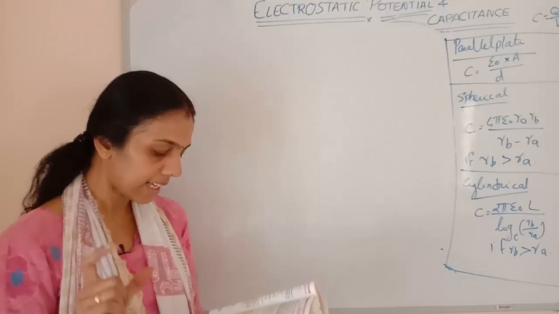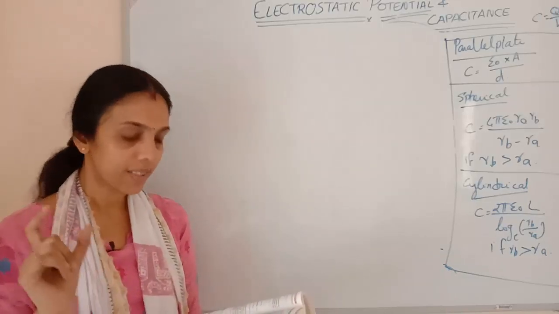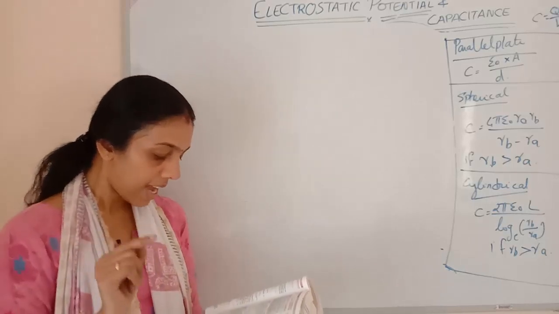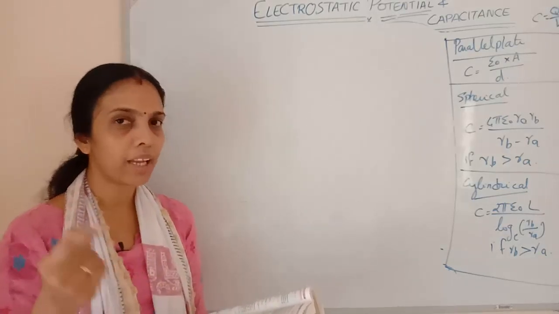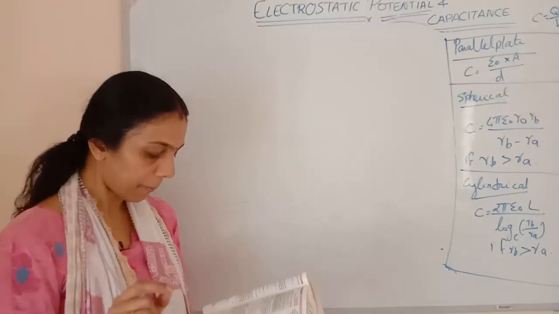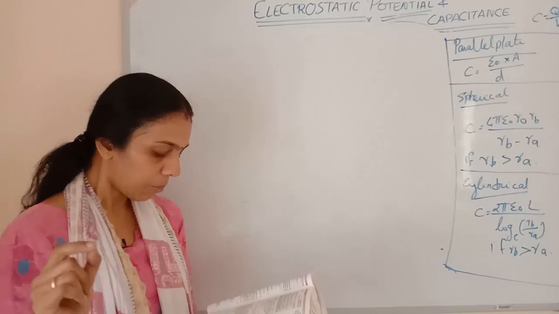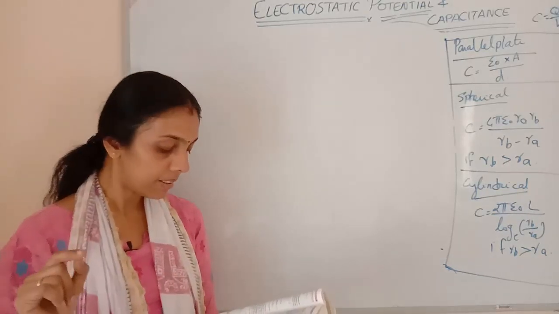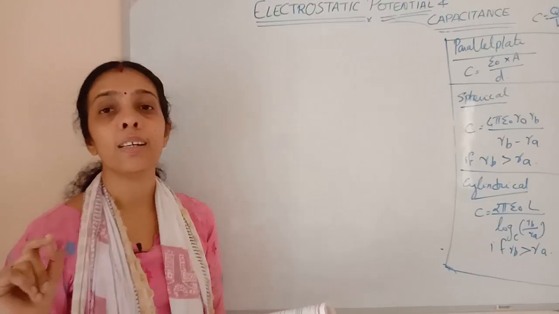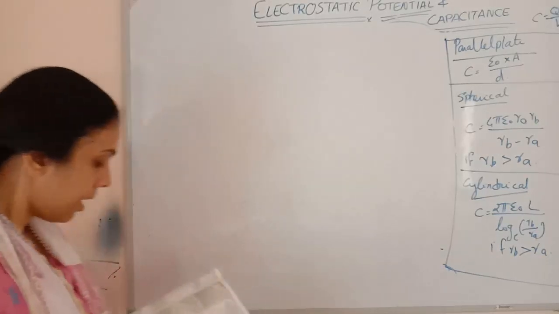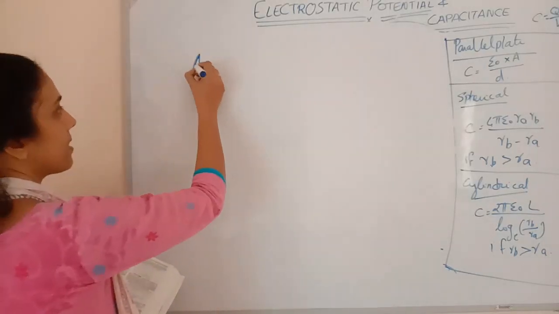If they have same charge, Q is same. Okay, if they have same charge and potential, Q and V are same, and distance between the plates of the capacitor is given as 0.5 millimeter. Clear? Shall we do? So here 2 parallel plate capacitors are there.